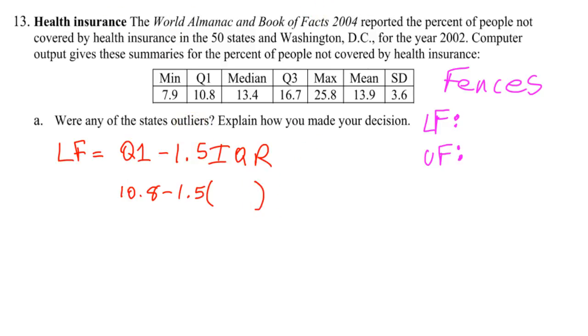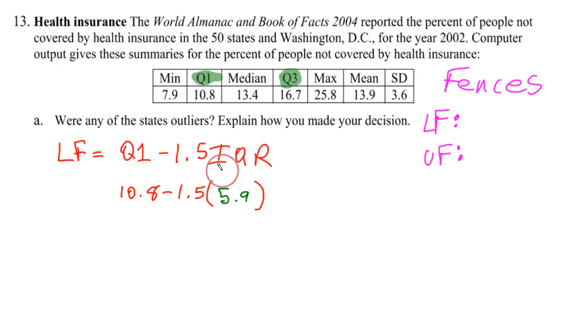Again, the IQR is the distance between Q1 and Q3. So I need to say the difference between 16.7 and 10.8. That is a difference of 5.9. So grabbing this, I can say 5.9 is the IQR.